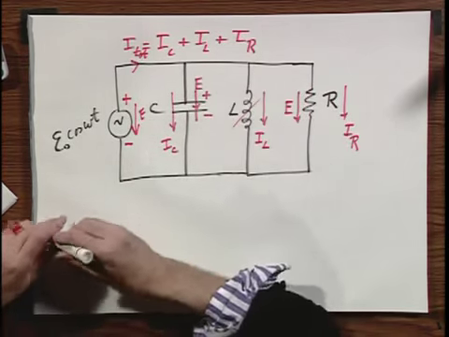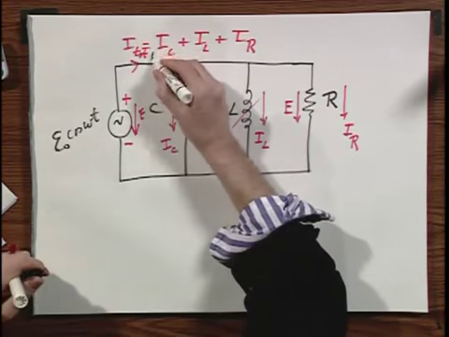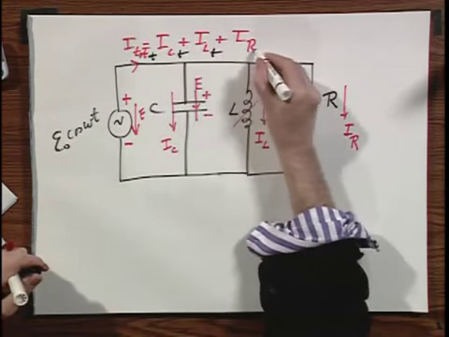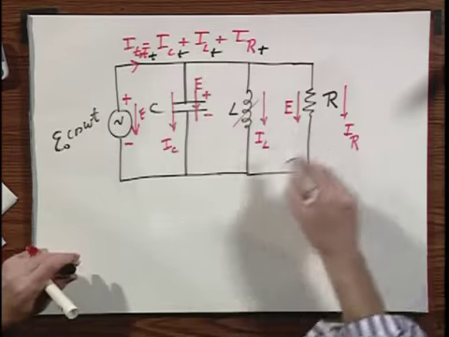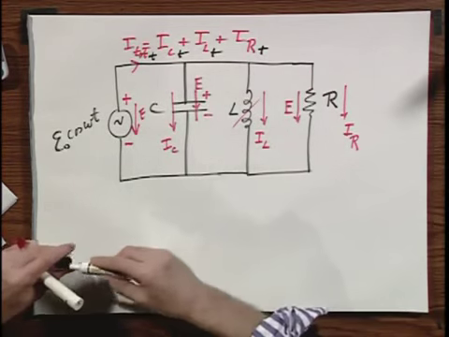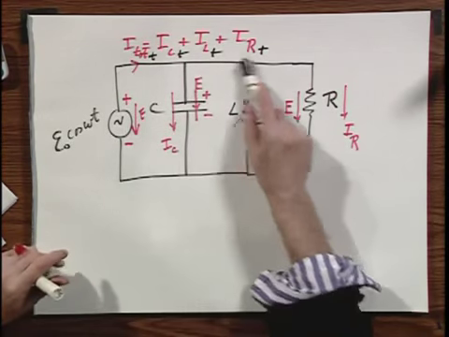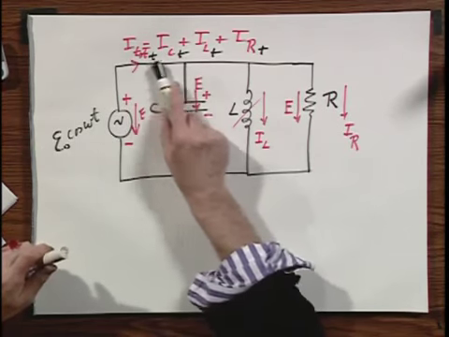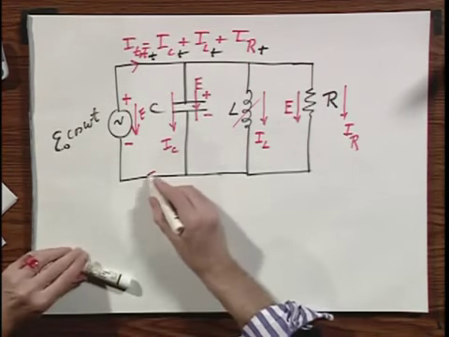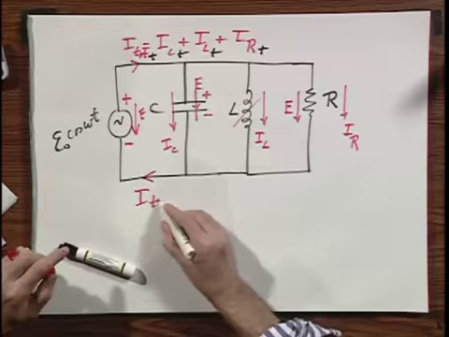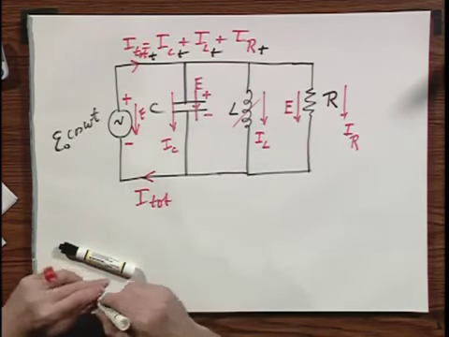So I put a little t here, a little t here, a little t here, a little t here. I assume that no charge can pile up at any of these intersections, so therefore the total current that flows in here must be the total current that flows out here. It's the sum of these three currents.